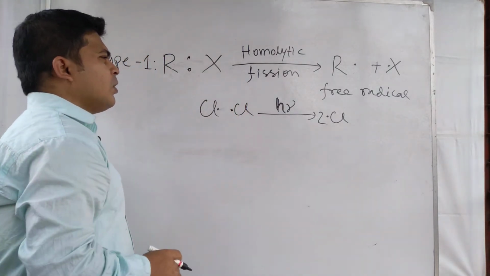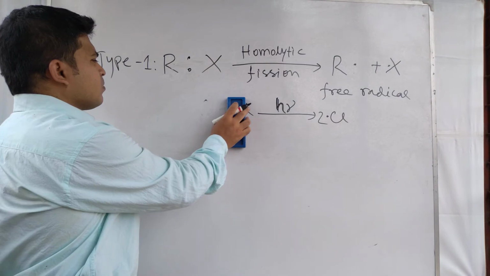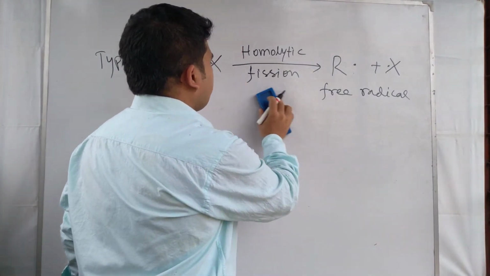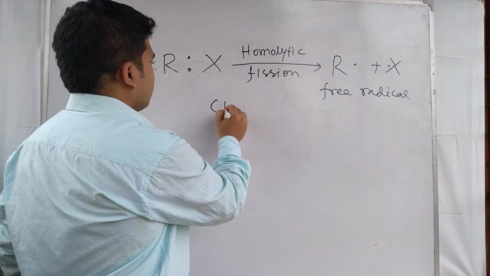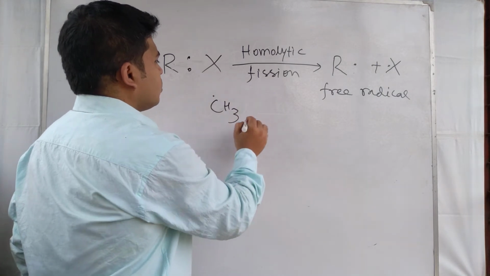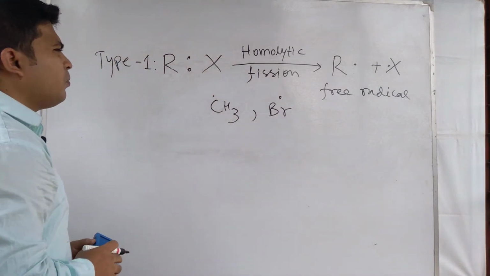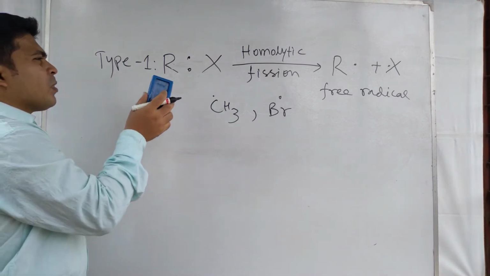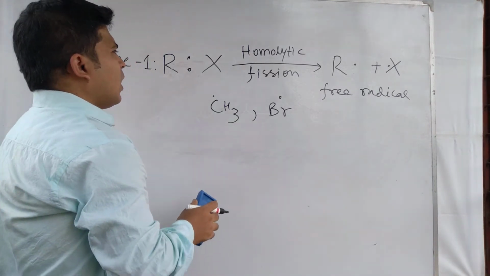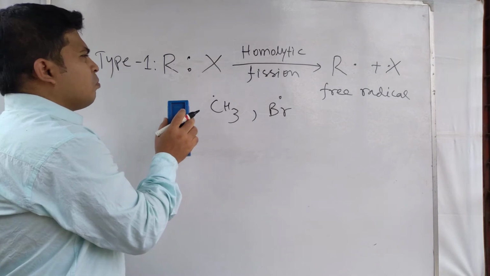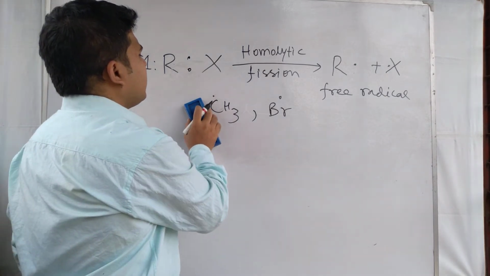So in this way free radical is developed. Other examples of free radicals are CH3 dot, Br dot. These are other examples of free radicals, where homolytic fission is the process of breaking covalent bonds.